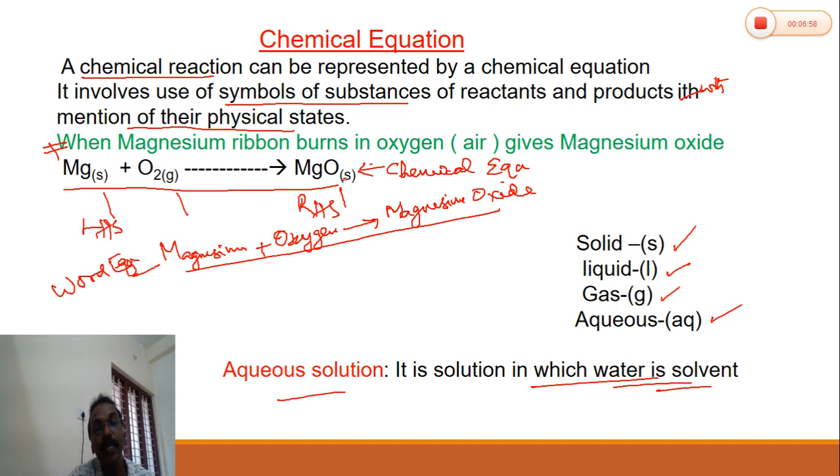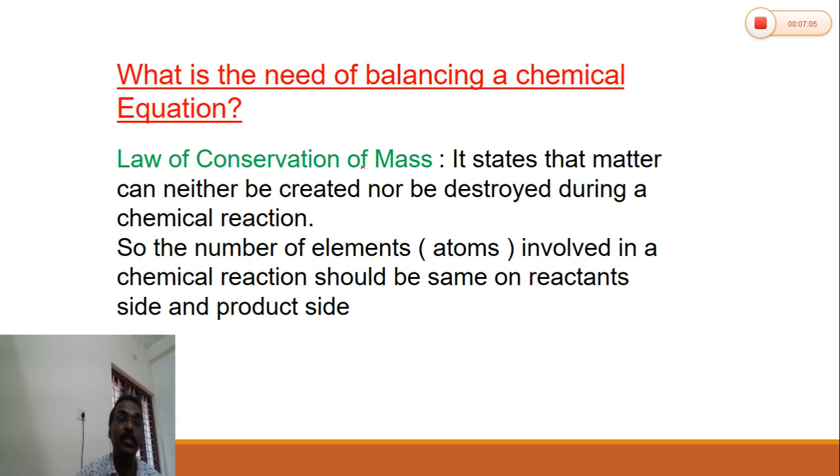So the chemical equation should be balanced. Why should the chemical equation be balanced? What is the need of balancing a chemical equation? We studied the law of conservation of mass. The law of conservation of mass states that mass can neither be created nor destroyed during a chemical reaction.